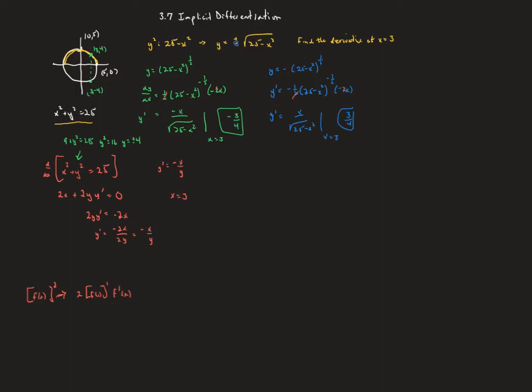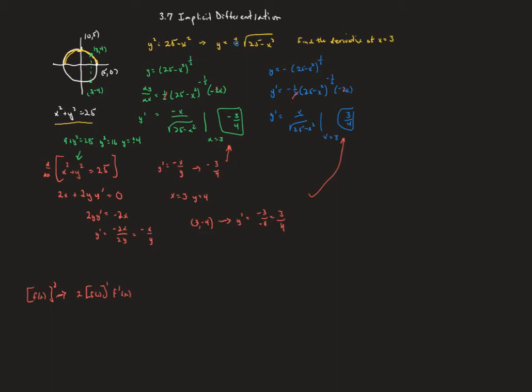So if we plug in the 3 and the 4, then that's going to give us a negative 3/4, which matches the derivative we got right there. And if we plug in the 3 comma negative 4, then our y prime is going to be the negative x, which is negative 3, over negative 4, which is a positive 3/4, which matches the derivative we got there.